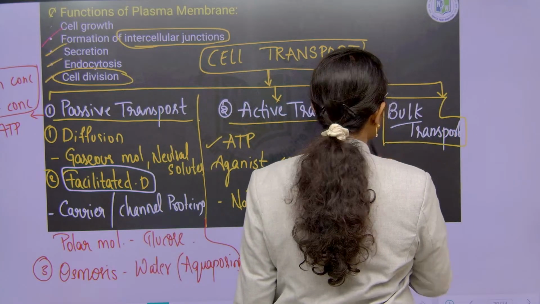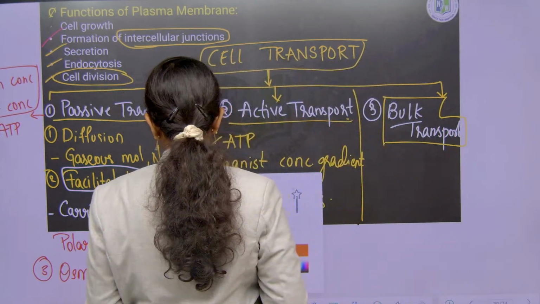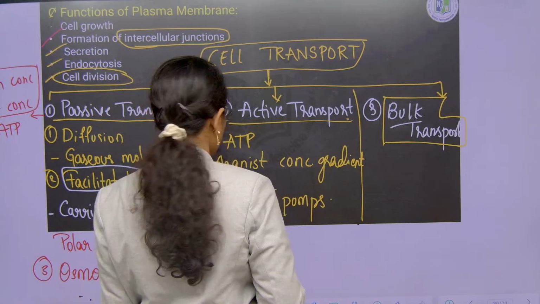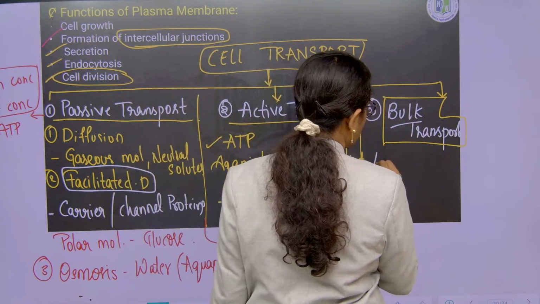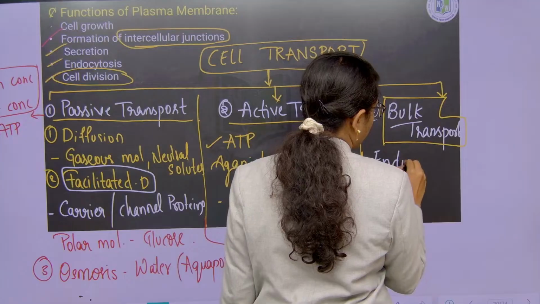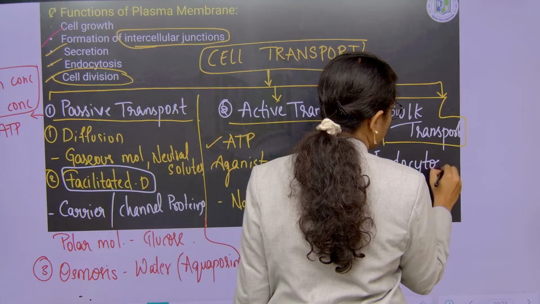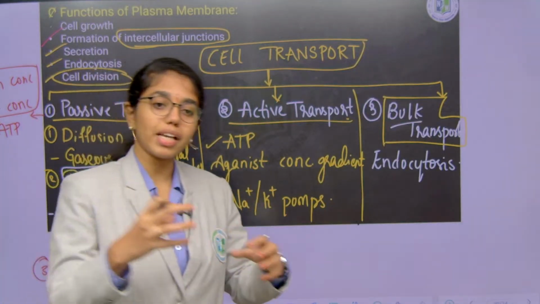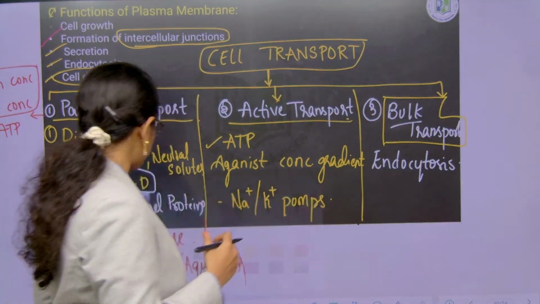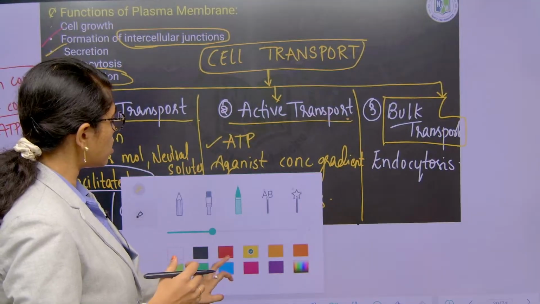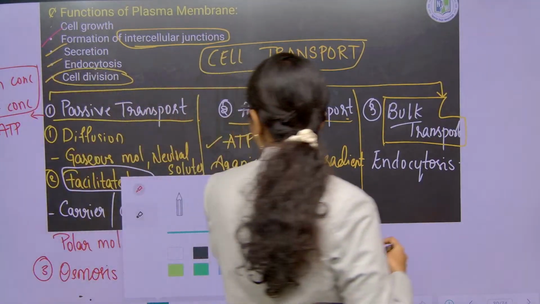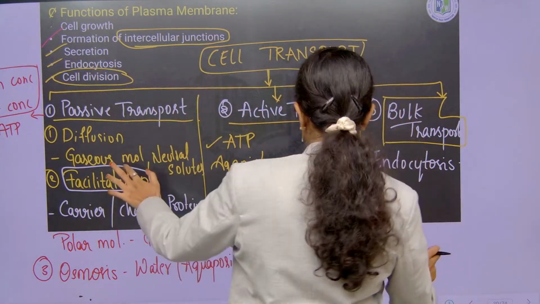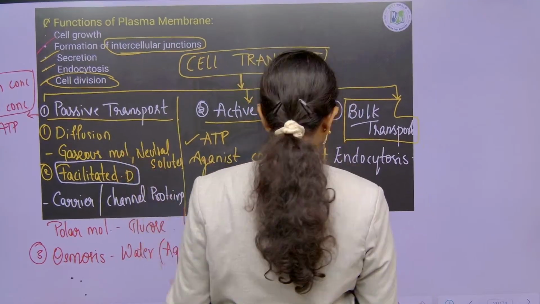If the cell is consuming lots of lipid particles at a time, that is known as endocytosis, which means transport of molecules into the cell. This is of two types, pinocytosis and phagocytosis.